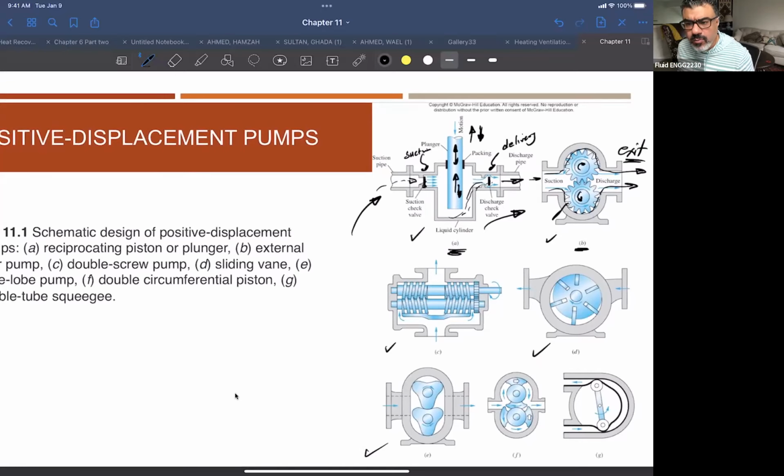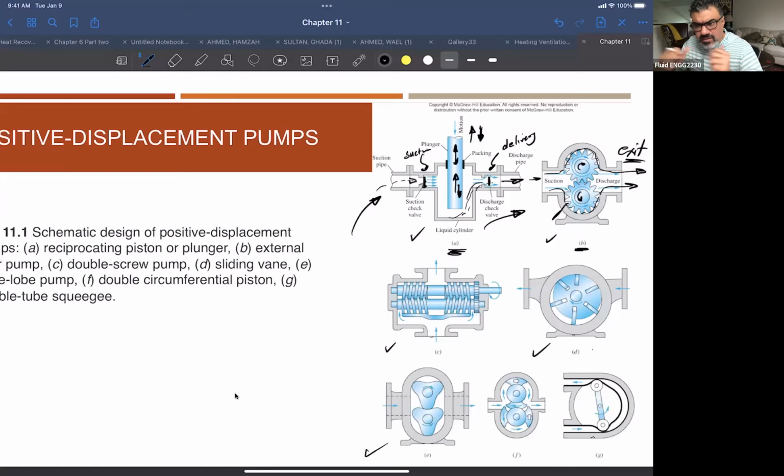So if you are blocking this system from exit, pressure will be built up, and then either you break the system or the motor will be burned out. Okay, similar, different configuration here. The mechanical design is different, but it's all the same thing: mechanical motion pushing the fluid out to overcome the resistance downstream of this pump.